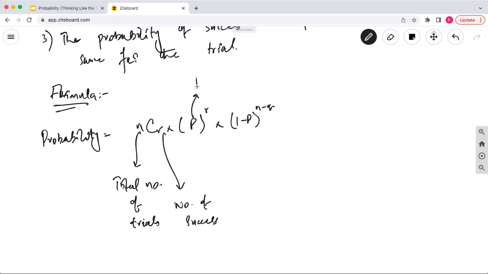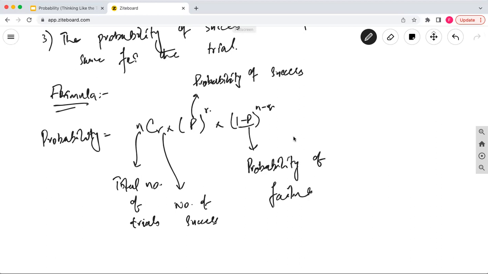P is the probability of success, and 1 minus P is the probability of failure. And N minus R is the number of failures.